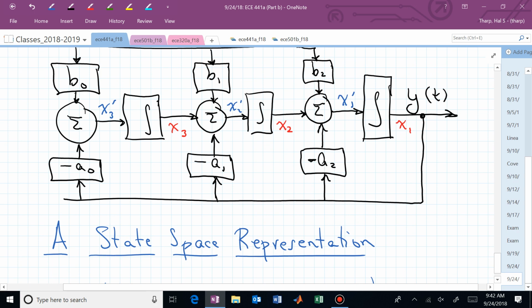x2 prime, I don't have a tall enough screen to display, but I think you can now figure out what that is. Work our way around that summing junction again, and it's going to be x1, x3, and u. x3 prime will be x1 and u. We've run out of outputs of integrators as we work our way to the left.